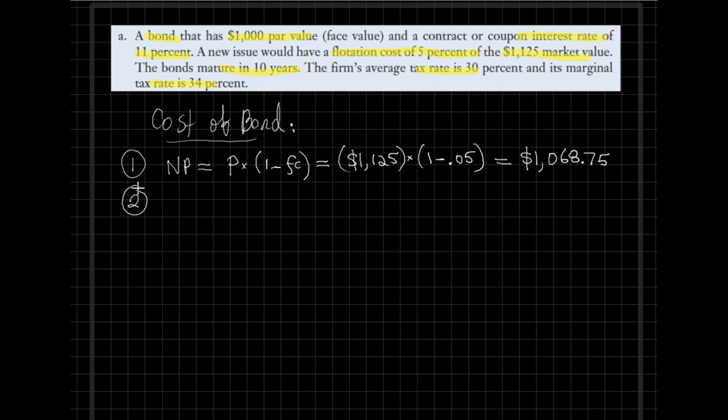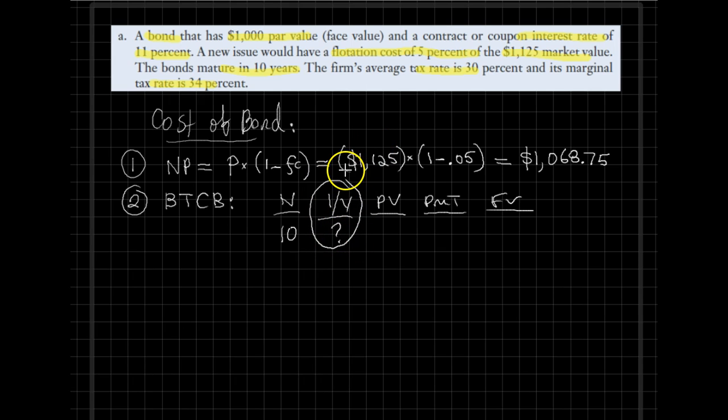Now for the second part, we need to calculate the before tax cost of the bond. For that we will make use of our financial calculator, the usual third row. This is a 10-year bond, and what we are interested in figuring is I/Y. Currently the bond net price is $1,068.75.